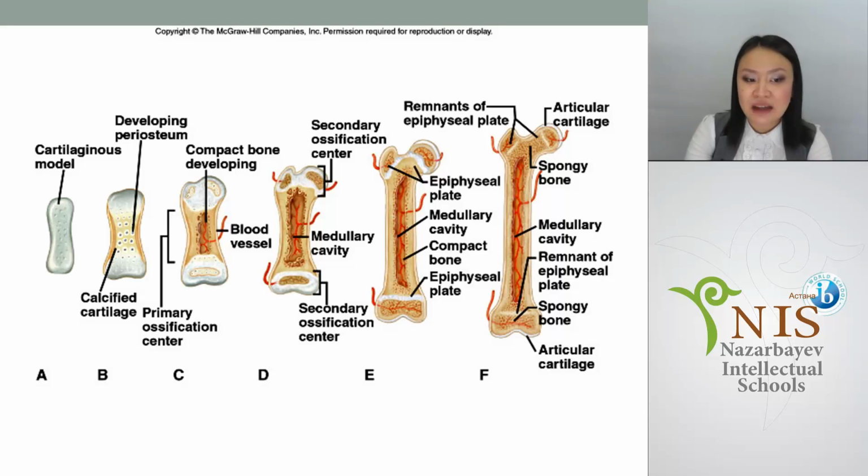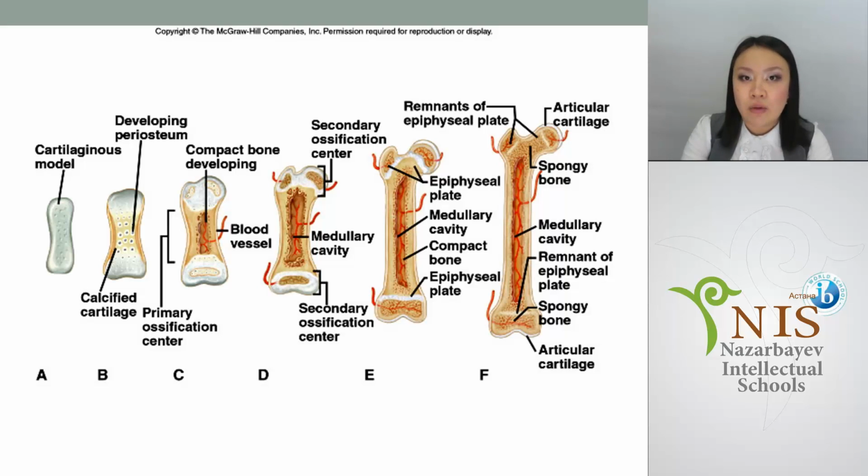It starts in the middle of the cartilage, not in the two end sides, in the middle. And then in C you see that it will have blood vessels, compact bone development, and the primary ossification center. And then D, and then E stage, and the last stage is F stage.